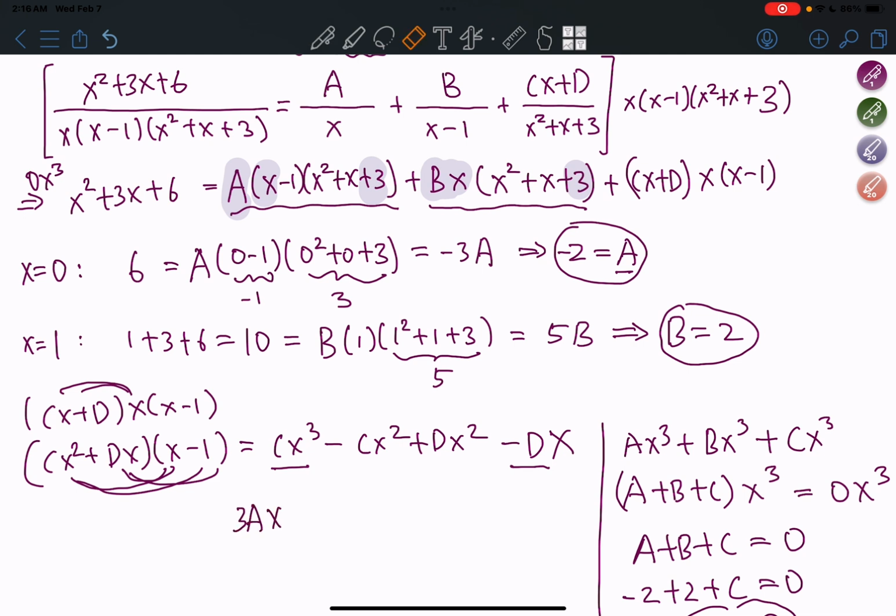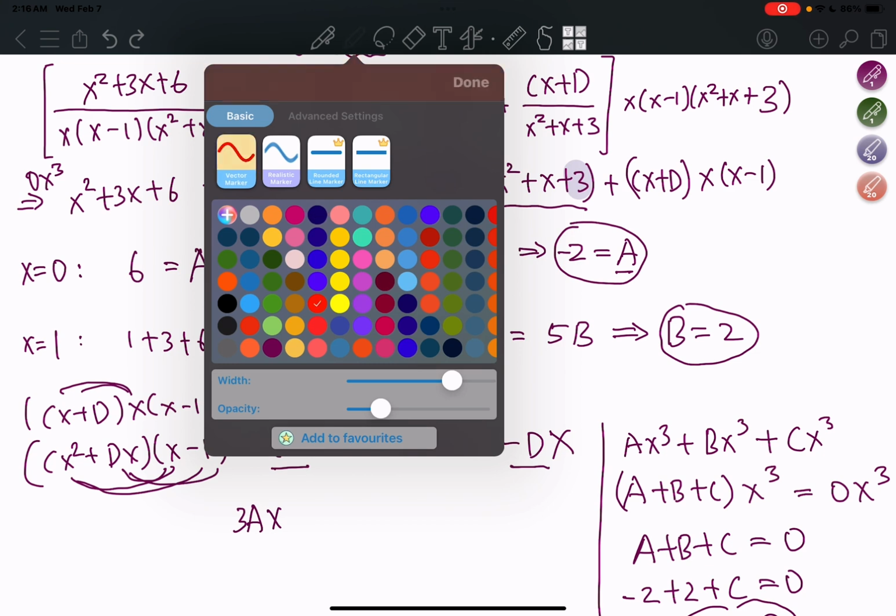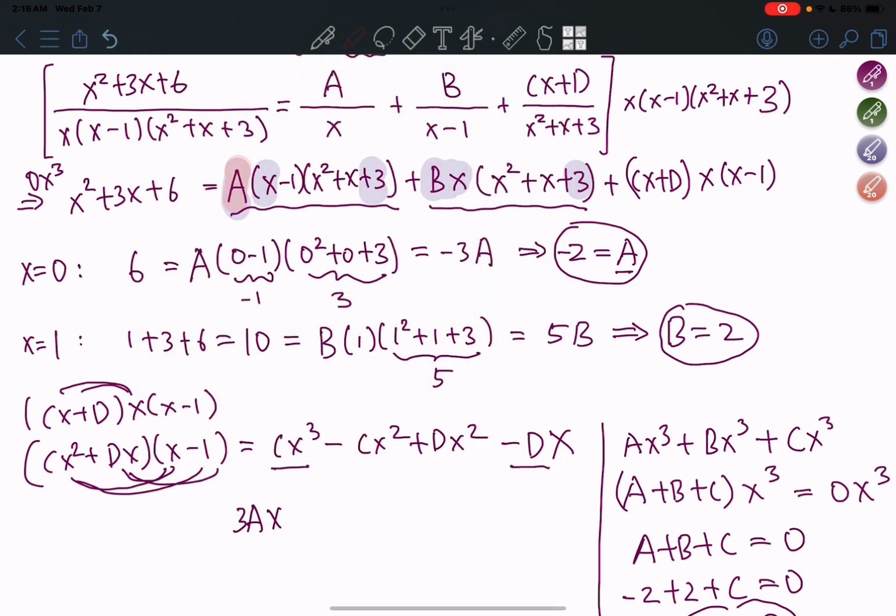But then there's another way to do it. We have a times -1 times x. Maybe I'll highlight it using a different color. A times -1 times x, so minus ax.